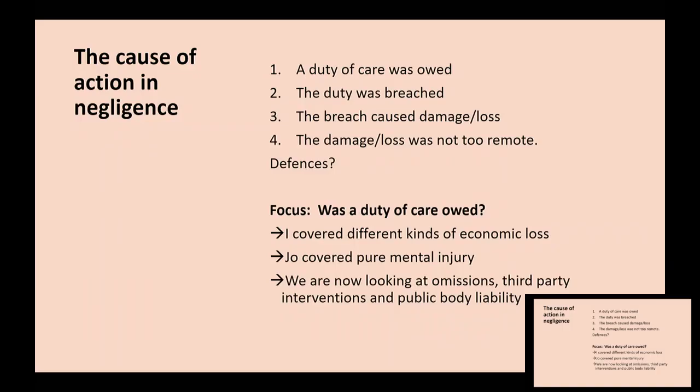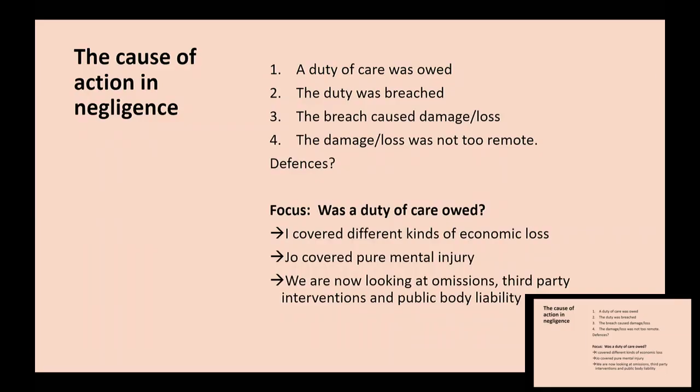Now the duty of care question is all about which people, which property, which interests are those to whom the defendant has some potential responsibility for unintentional acts. It's really a control device to make sure liability doesn't get out of hand.